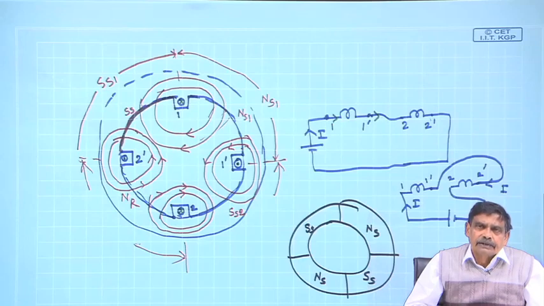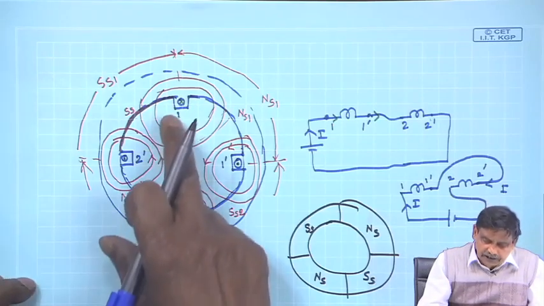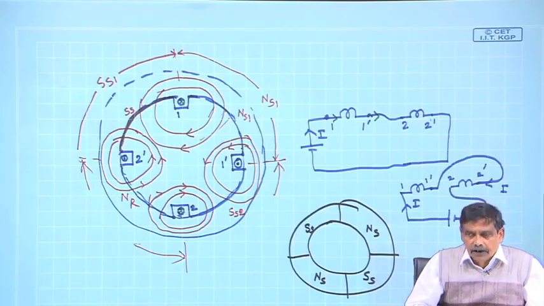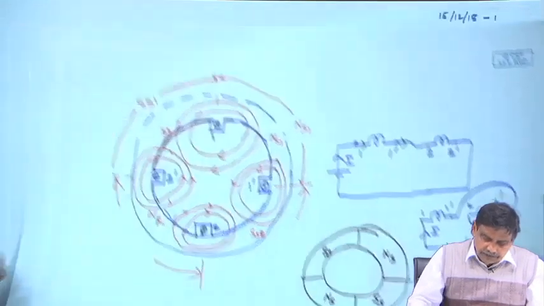Can you suggest that 3 coils will be needed, show the disposition of the separate coils with terminals 1 1 dash, 2 2 dash, 3 3 dash, connect them in series, and show that it indeed produces 6 poles. So, that you try to do.